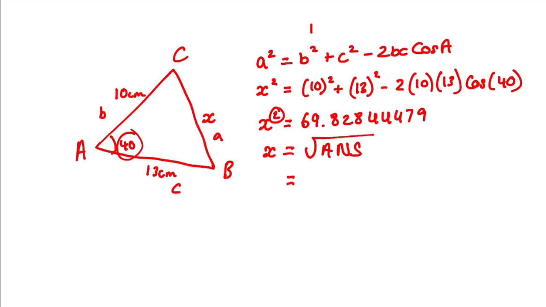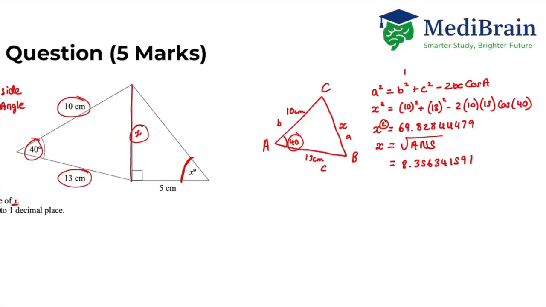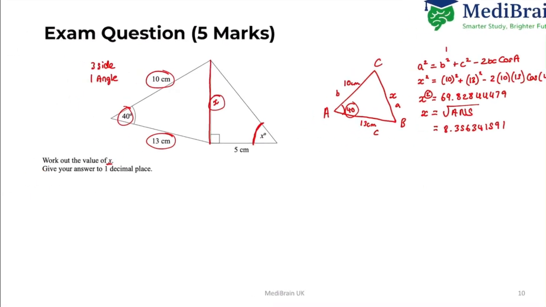Okay, and that's going to give us an answer of 8.356341591. Okay, so that's the length of x. That's this length. Now, if I draw the right angle triangle out over here, we've got a right angle triangle. We know this is 8.356. We know this is x, and we know this is 5.